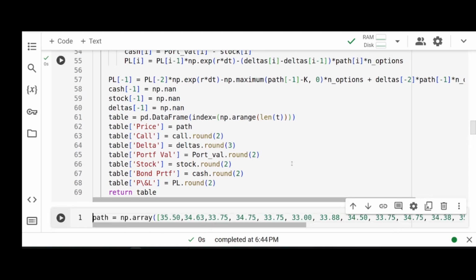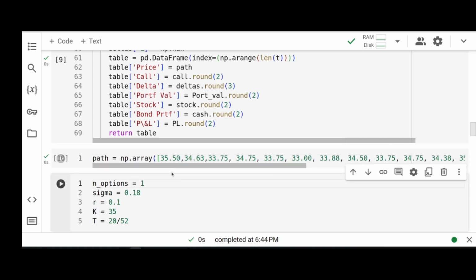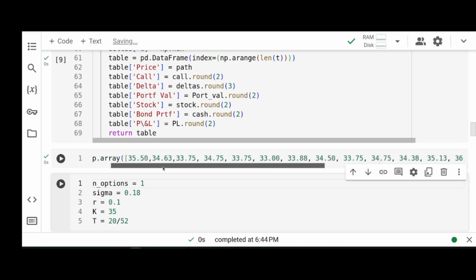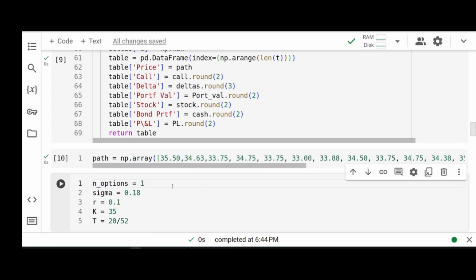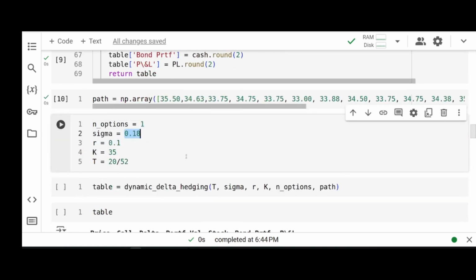So here is an example. Let's say this is a possible path for 20 weeks, a possible path of stock price. Let's say the number of options is 1, the volatility is 80%, there is a risk-free interest rate, and time to maturity is 20 weeks.